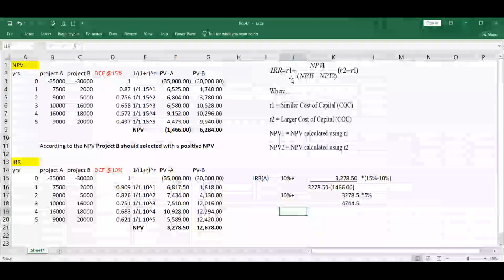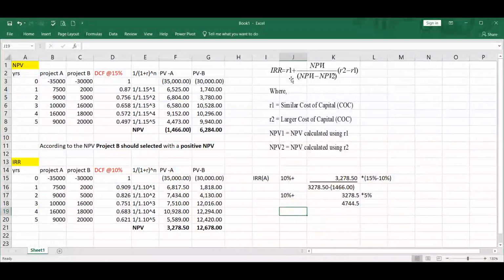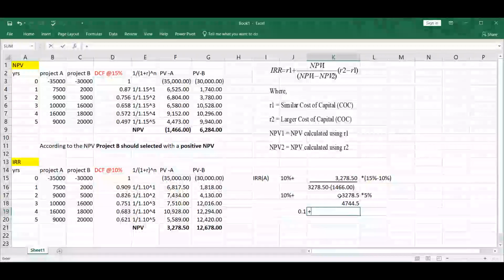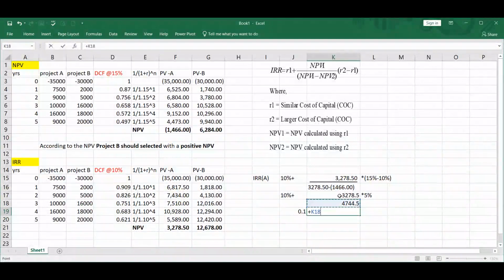Here, rather than putting the percentage, you can use 0.1 as well. Right, so when you divide this figure with the latter one, you will get the percentage like this.